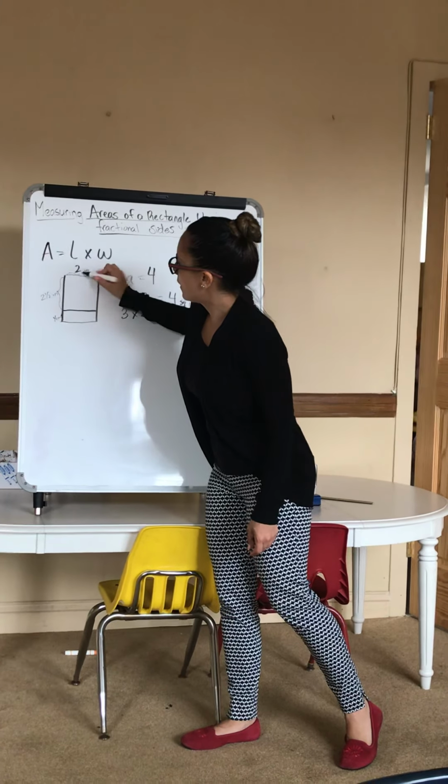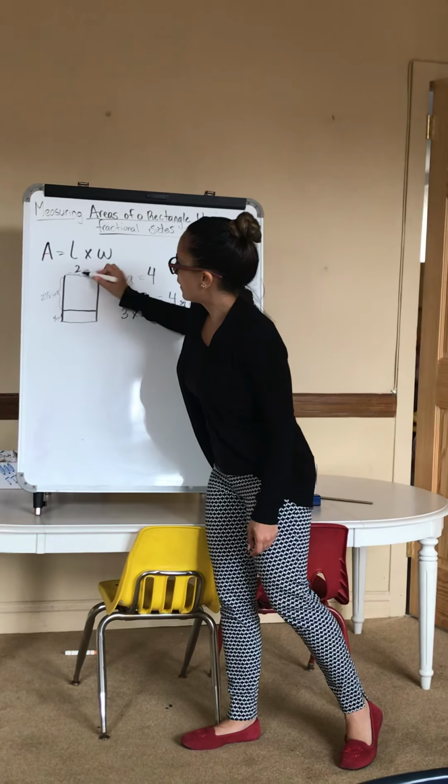So we're going to find the area of this rectangle. This half goes here. So 2 times 2. What did we say 2 times 2 was? 4 square inches, right? So this section here is going to be 4 square inches. But we're not done because we still need to figure out what's the area of this piece.